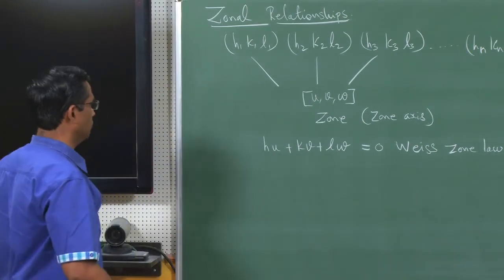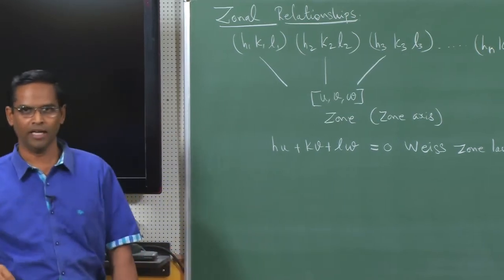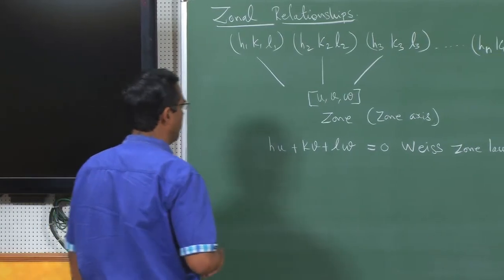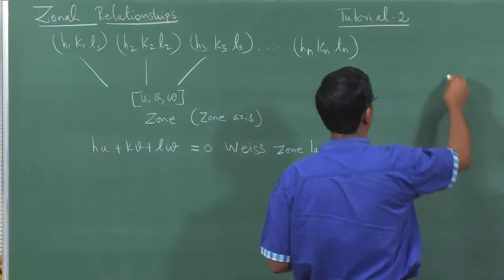We will now go through a general idea about finding out the zone axis for a given number of poles. We will also try to put it in the form of a stereogram.